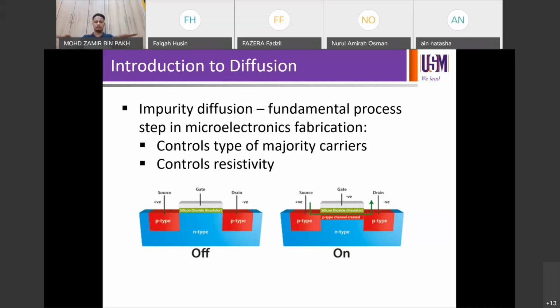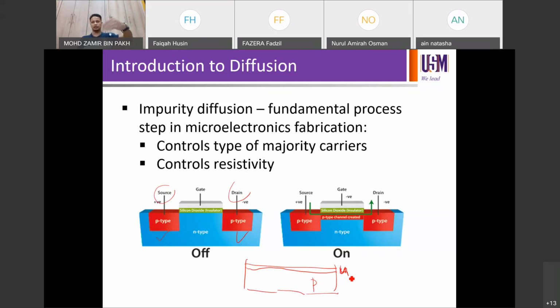Either it's a blanket surface, or it's specialized regions like the one that we see here for source and drain. So it can be an isolated region here. In some cases, you can also do diffusion where you have, say, a p-type silicon, and you also diffuse n-type here using phosphorus blanket.